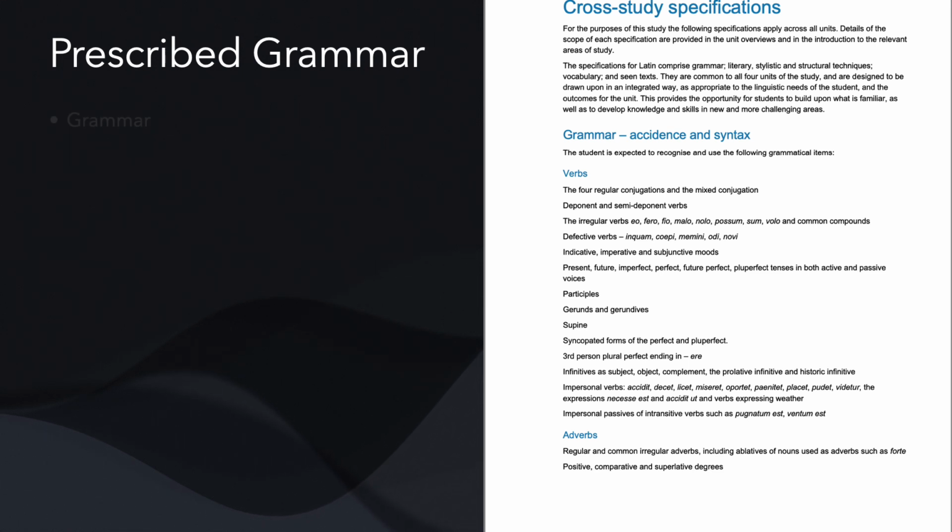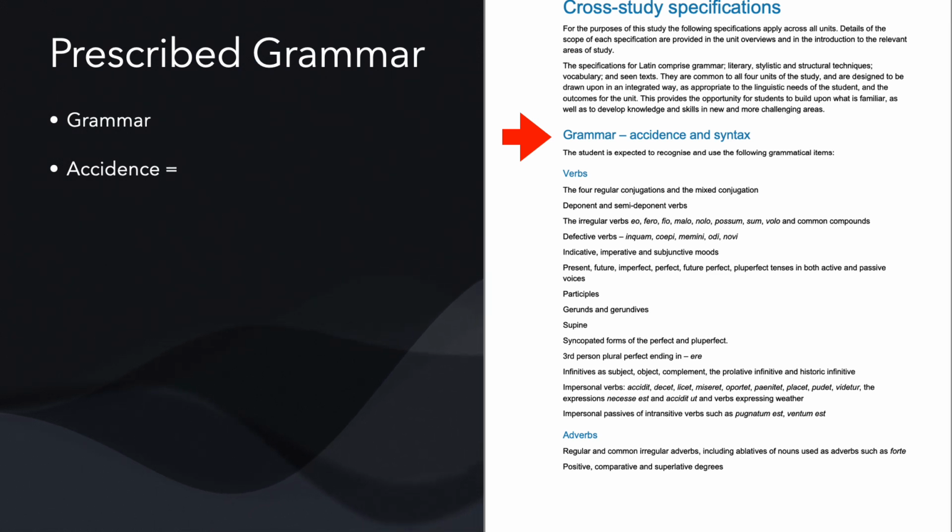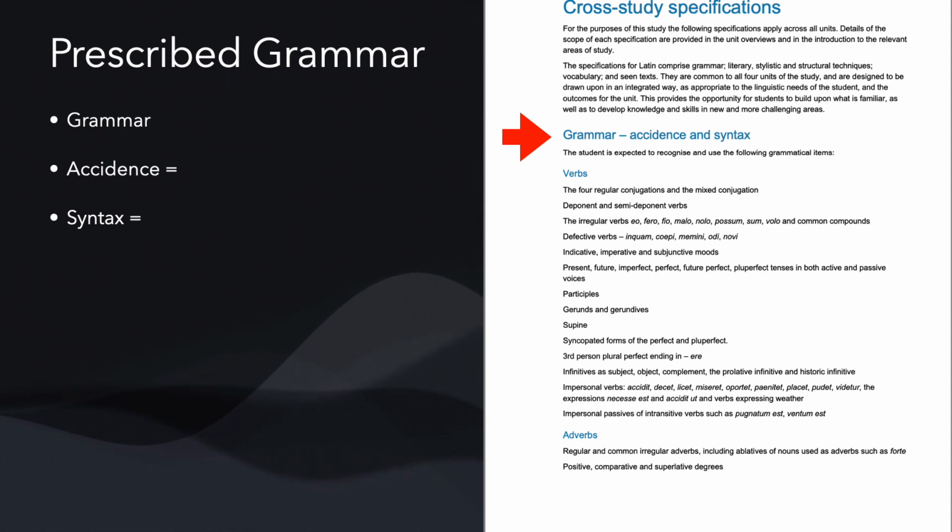And they talk about accidence and syntax. So accidence is the endings, or the tables which you need to know. And syntax is the rules, how these words string together, how they're used, how they function, in order to make sense. So together, accidence and syntax combine to equal the grammar of a language.